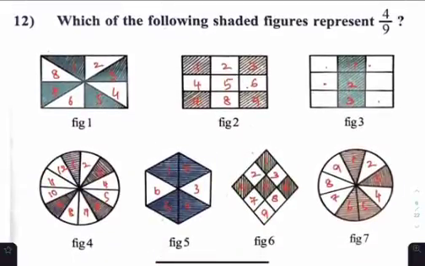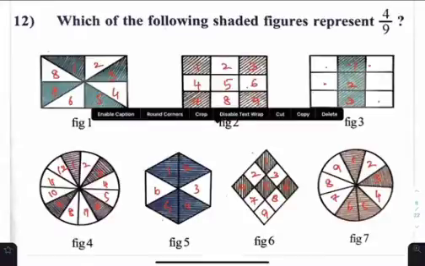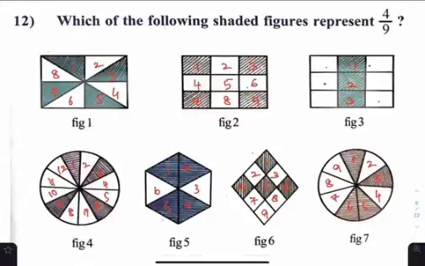Now moving on. Which of the following shaded figures represent 4 by 9? Now for the first picture, if you observe, the total number of segments are 8. So the denominator becomes 8. That is the reason we will not consider this.